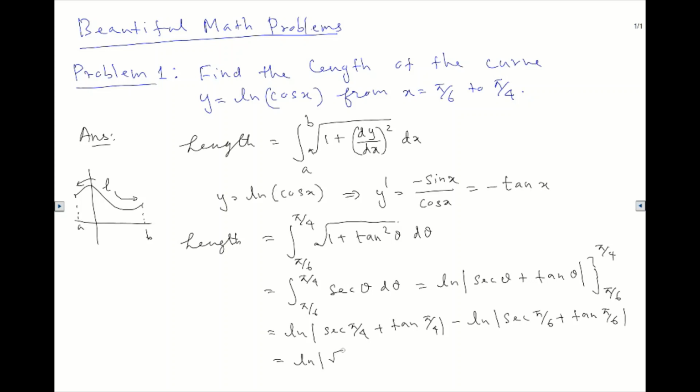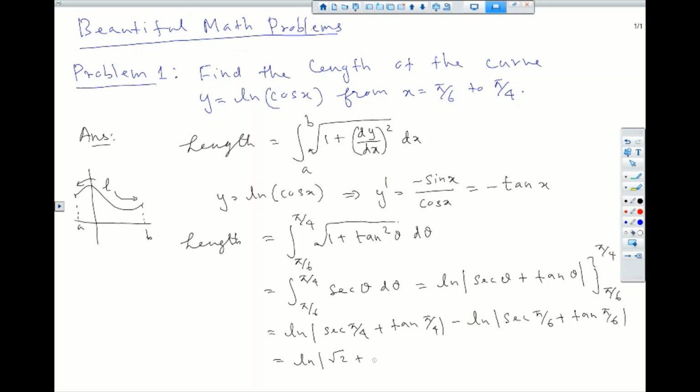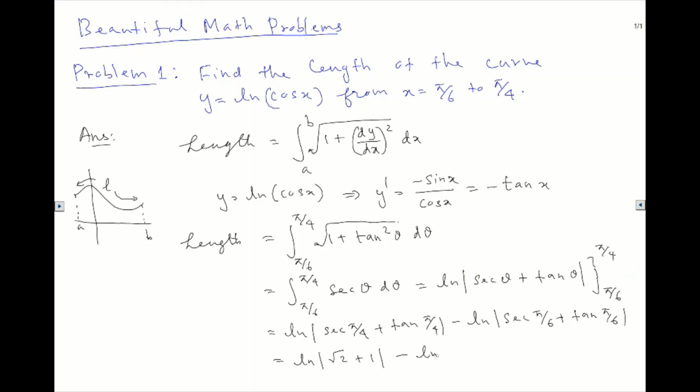Secant pi over 4 is square root 2, and tan pi over 4 is 1. Secant pi over 6 is 2 over square root 3, and tan pi over 6 is 1 over square root 3. Then we can simplify.